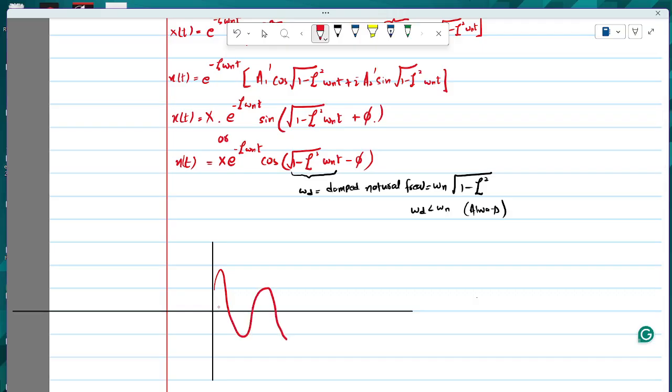After some time, it will start to reduce the vibration, and so on. So that's an underdamped system.